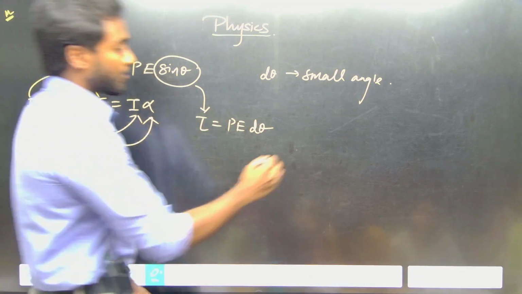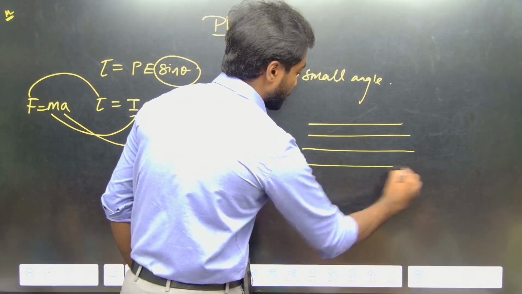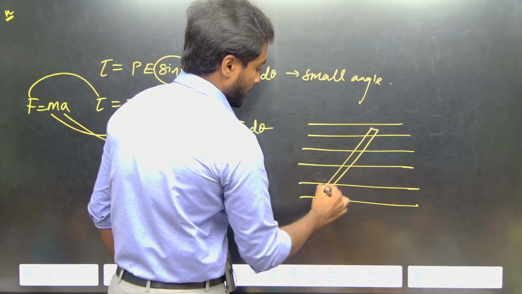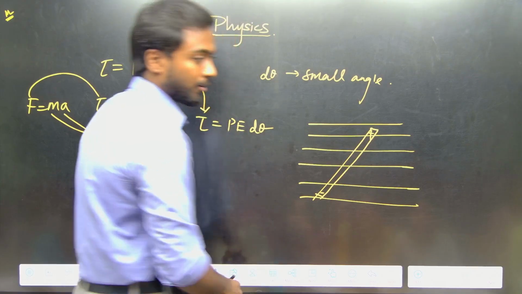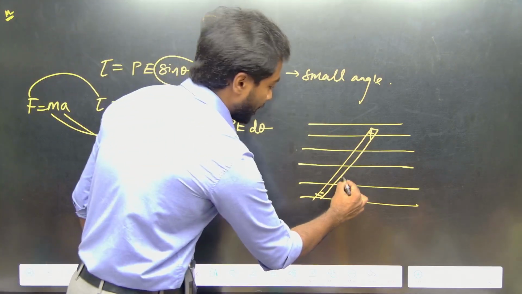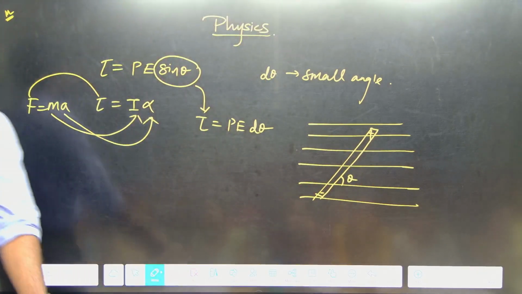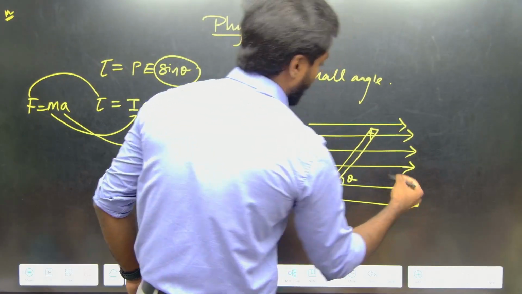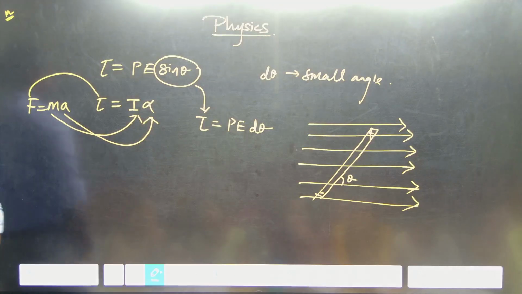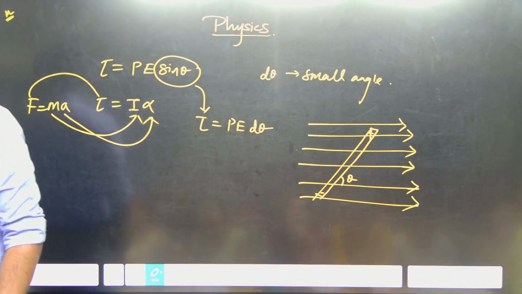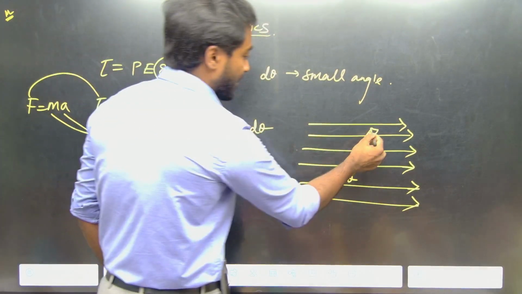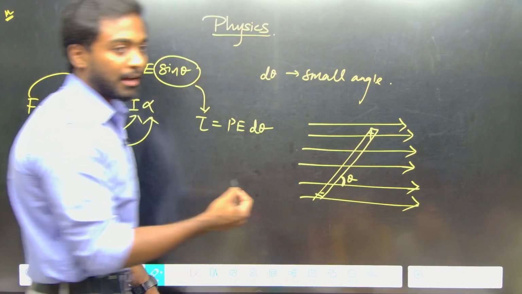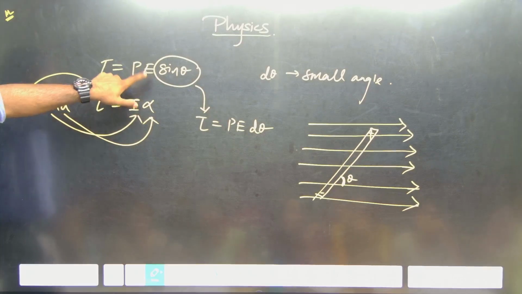Initially this is my uniform field, and I am keeping my dipole like this, with positive and negative charges, making an angle theta with the field. Opposite and equal charges will be there. So torque will be equal to PE sin theta.